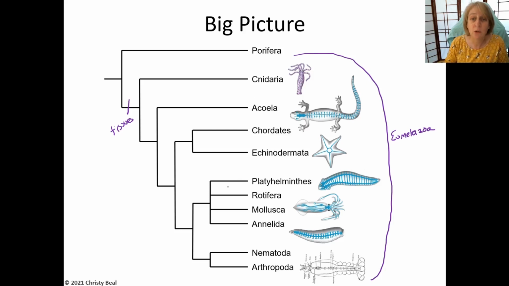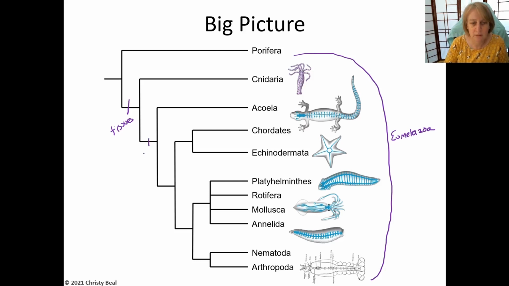But within the Eumetazoa, we see a varying complexity of nervous systems. We're going to look at the cnidarians. Remember, they are radially symmetrical. They don't have heads, and that correlates with them not having a central processing area for their nervous systems.